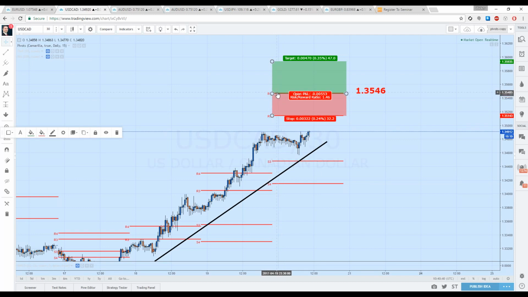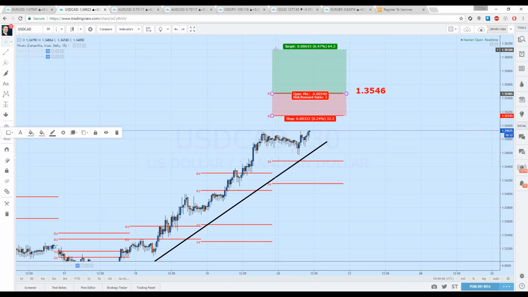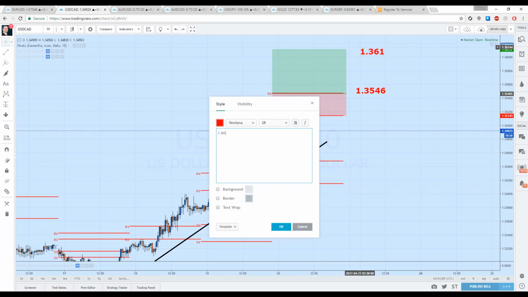Traders may look to buy at 135.46 and target 65 pips higher. That places targets at 136.11.